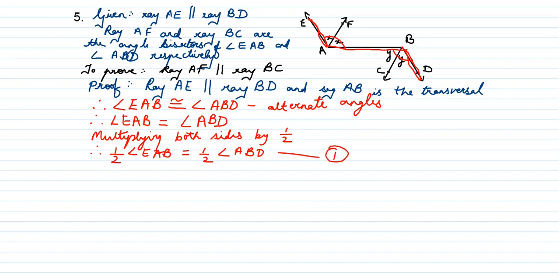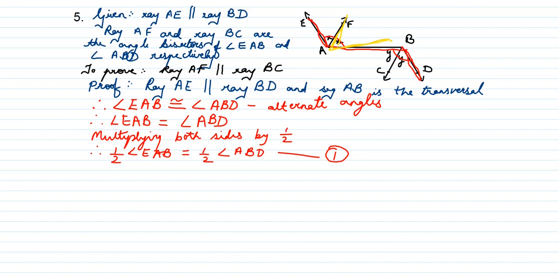What can we say of that is half angle EAB? This particular angle, if you see half angle EAB, it will be equal to angle FAB, this angle. Why it will be equal to angle FAB? Because it's already given that ray AF is the angle bisector of the angle EAB.